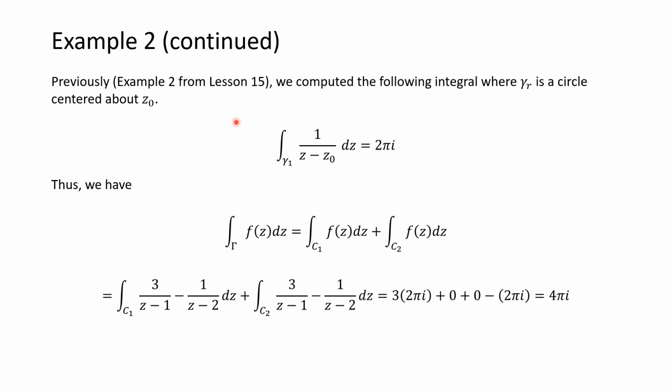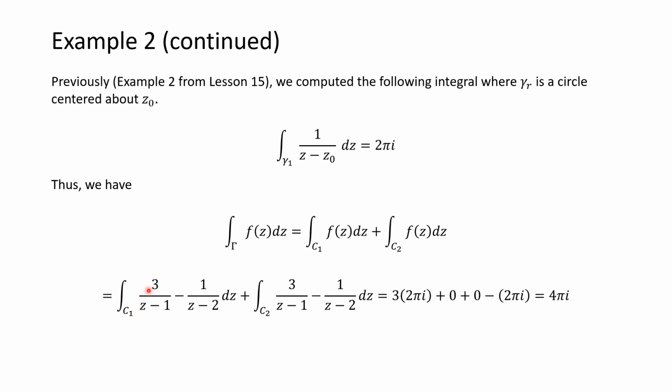And what I want to do is make use of a result from example 2 in the previous lesson 15, where we had the integral about a circle centered at z sub 0 of the function 1 over z minus z sub 0 equals 2 pi i. So we're going to use this twice. You notice here this first term is of this form, and our 1 is inside of the circle.